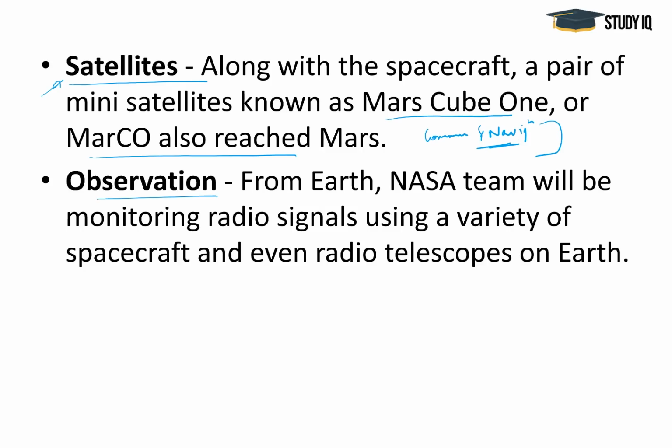And now the observation from Earth: the NASA team will be monitoring radio signals with a variety of spacecraft and even radio telescopes on Earth. The laboratory where they are monitoring this mission is the Jet Propulsion Lab in California, okay. So this is important.